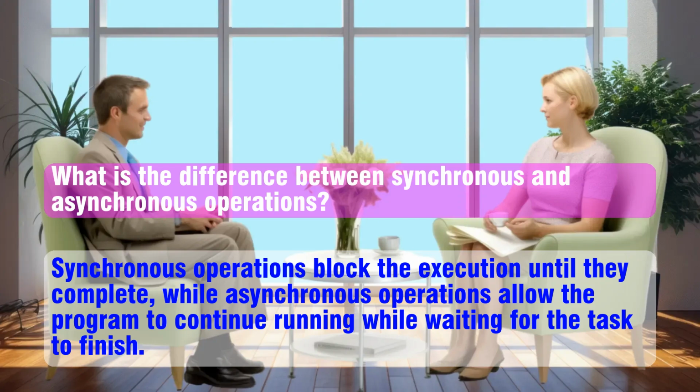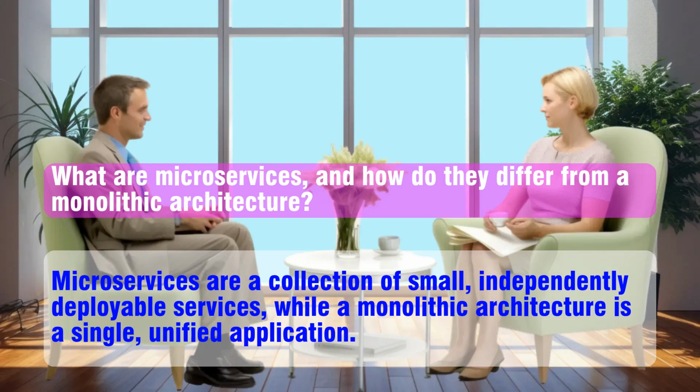What is the difference between synchronous and asynchronous operations? Synchronous operations block the execution until they complete, while asynchronous operations allow the program to continue running while waiting for the task to finish. What are microservices, and how do they differ from a monolithic architecture?